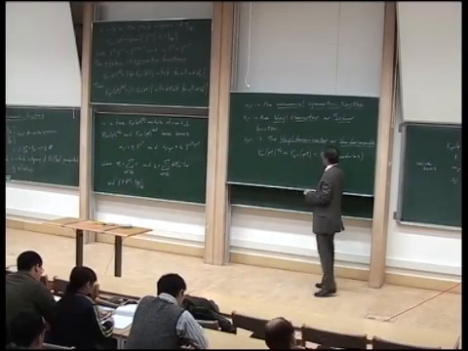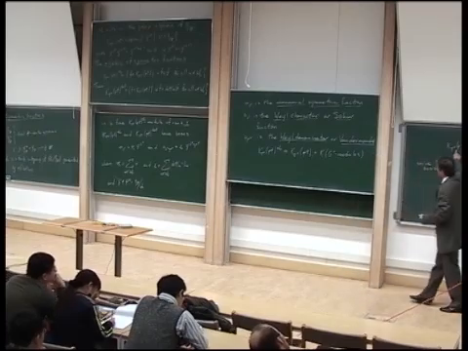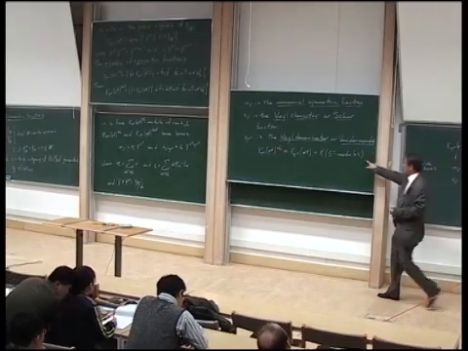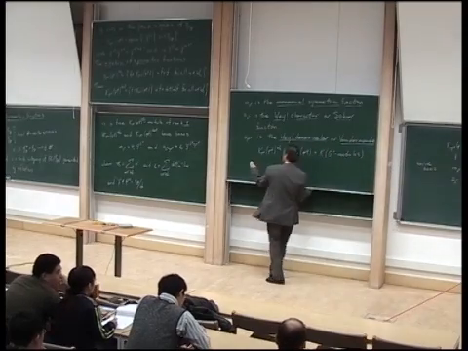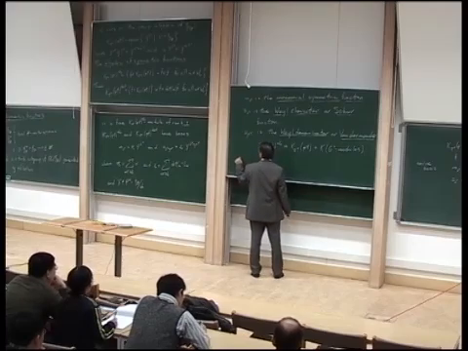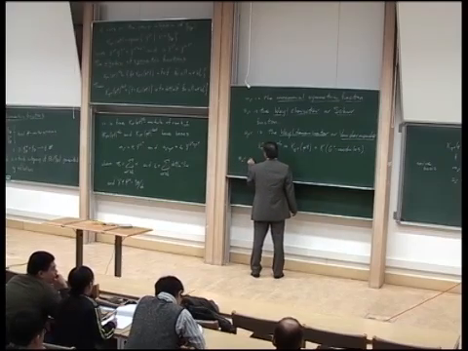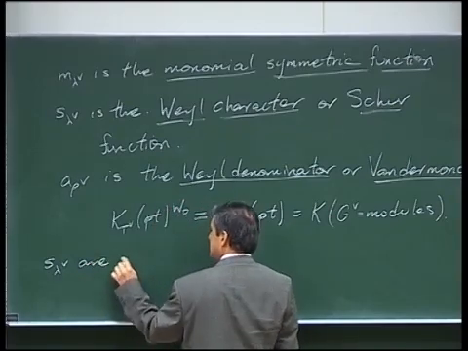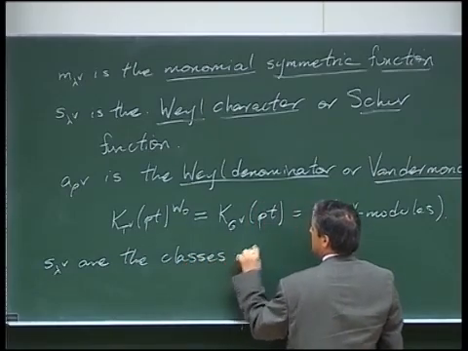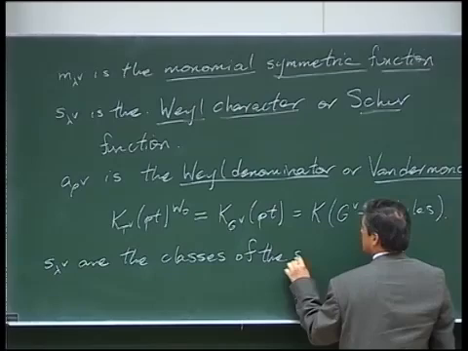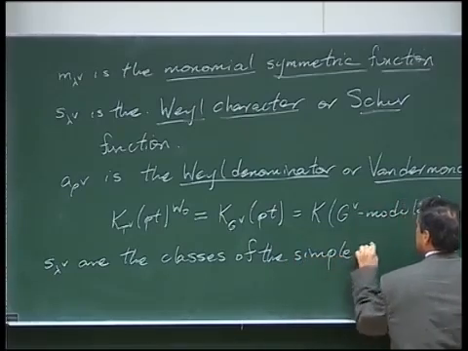And so, in fact, this ring here is the representation ring of G check. And more, what Weyl says is that the s lambda check are the images, or the classes, of the simple G check modules.